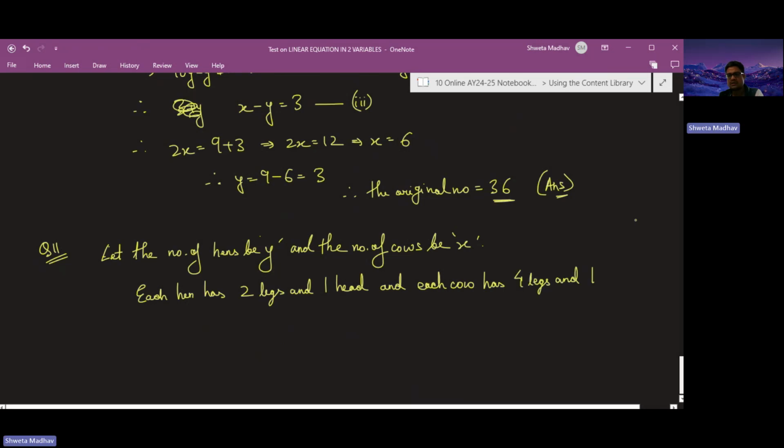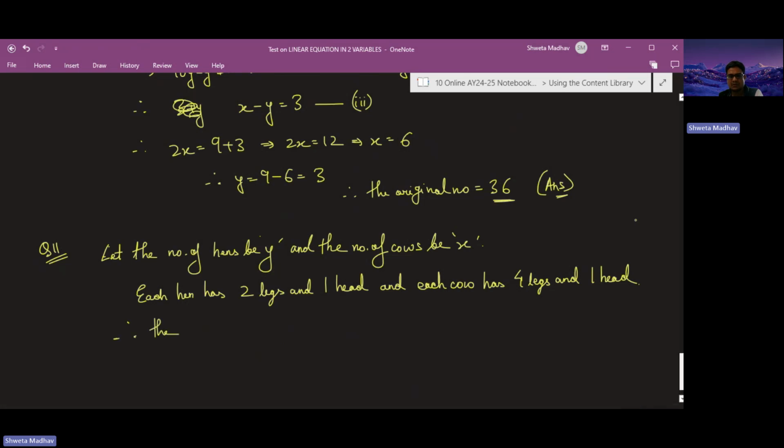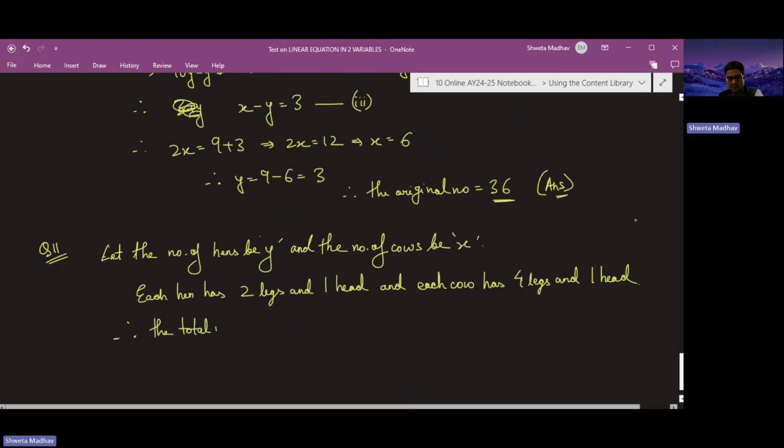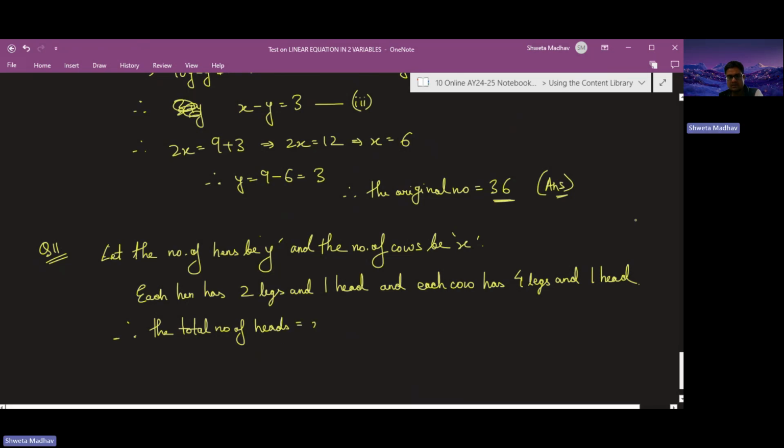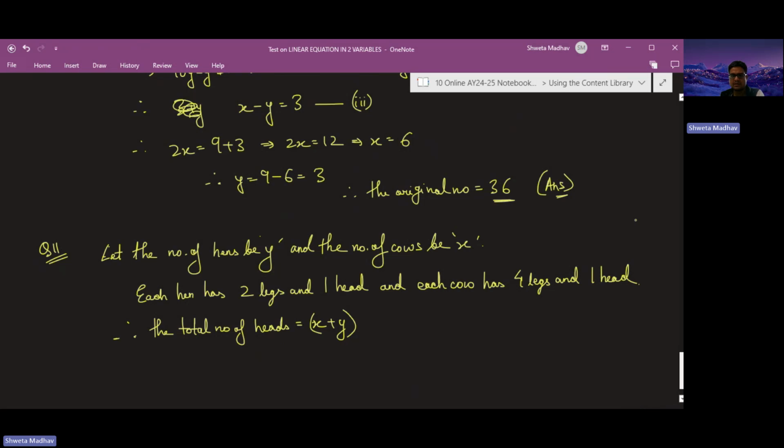So therefore, the total number of heads will be equal to x plus y only. Since there are x cows, we will have x heads, and for the hens we will have y heads. So x plus y heads we will have.